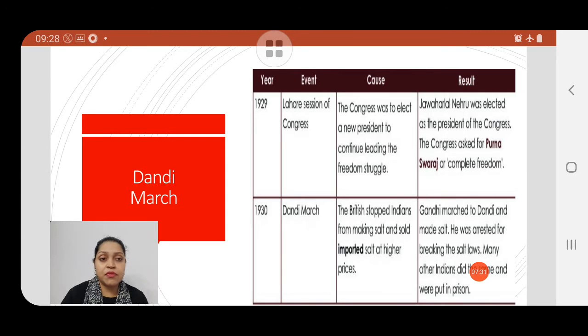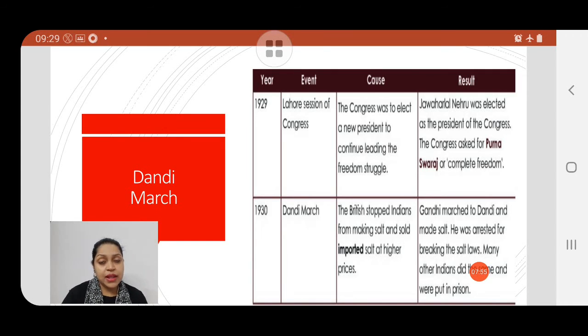He made salt and was arrested for breaking the salt laws. Many other Indians did the same and were put in prison. So Gandhi marched to the place called Dandi. That's why it's called Dandi March, because a big group of people marched to Dandi, a place in Gujarat, and there Gandhi made salt, and along with him many people made salt.